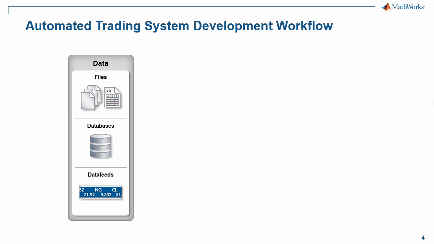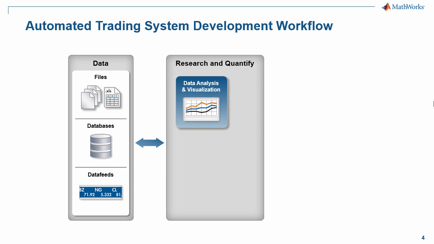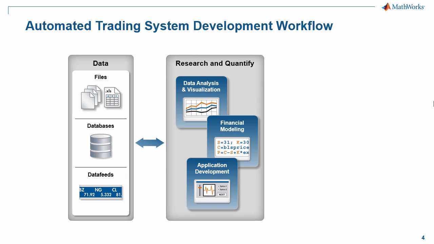These are all used in implementing the trading logic that's either used to backtest your strategies, develop new ones, or to seed the trading strategies with historical data so that then they can move forward with existing live data. So the data is fed into this research and quantify stage, which is basically where you come up with new trading ideas.